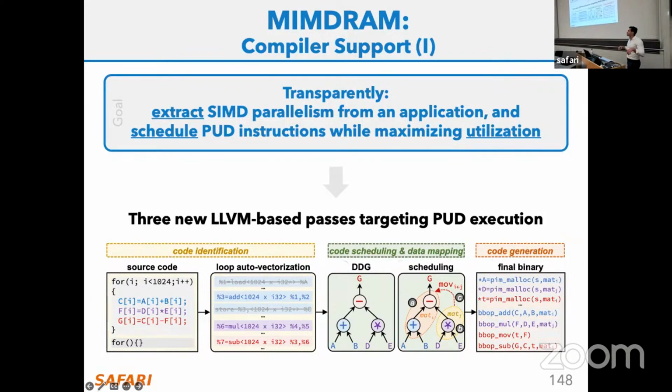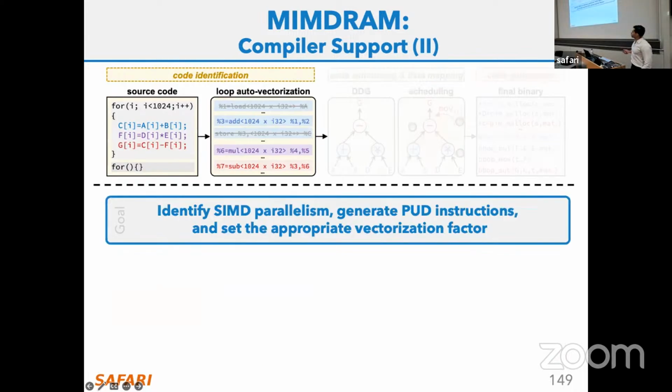Some operations can be executed in different mats because they have no data dependence between them. And finally, we do some code generation. The first pass is responsible for code identification. You're just reusing what LLVM has for loop auto-vectorization. So we take a loop, we auto-vectorize that loop, and that generates some vector instructions here.